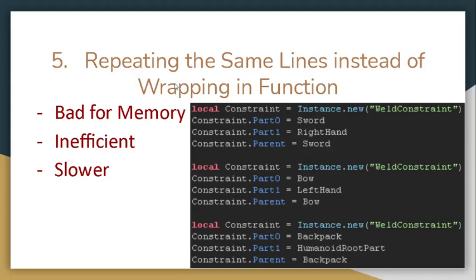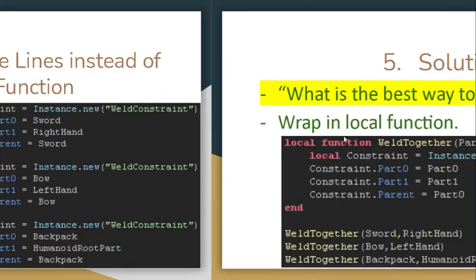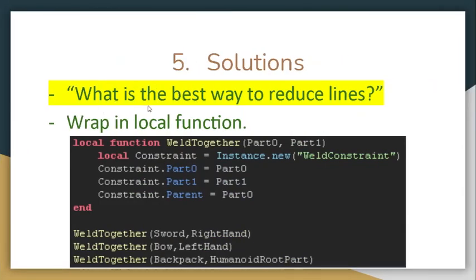You definitely want to utilize functions to reduce the amount of lines, and how we do this is to wrap it in a local function. We have a function here with the constraint that makes it, and then it parents it to part 1 or part 0.